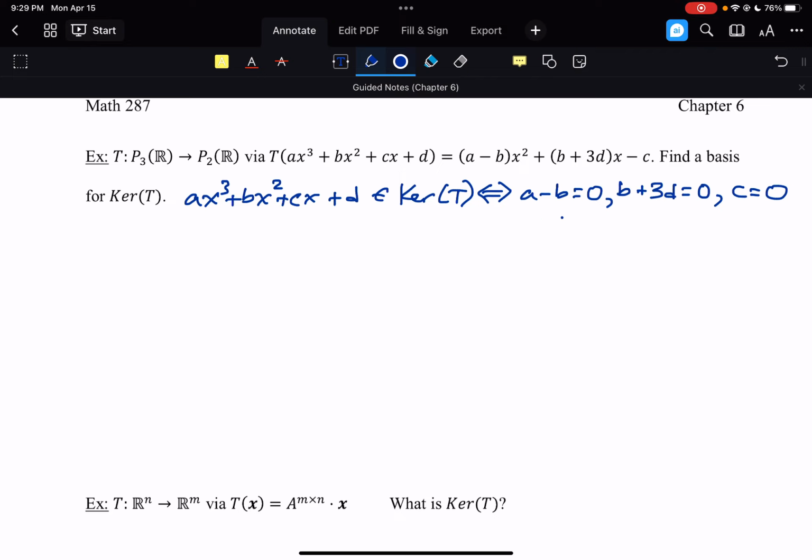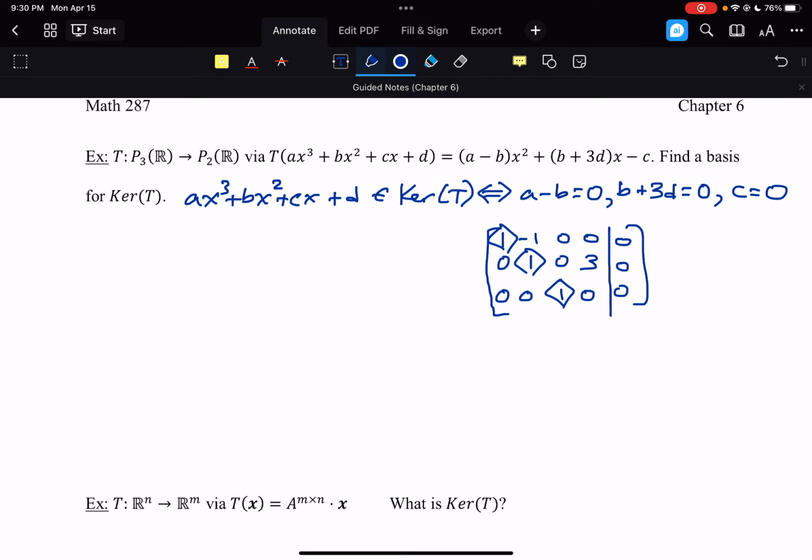Well, this is where we can start bringing in our understanding of matrices. So we go ahead and set these equations up in a matrix. So we get 1, -1, 0, 0; 0, 1, 0, 3; and 0, 0, 1, 0. And all of those equations are equal to 0. You can see here, it's already in row echelon form, just in this current setup.